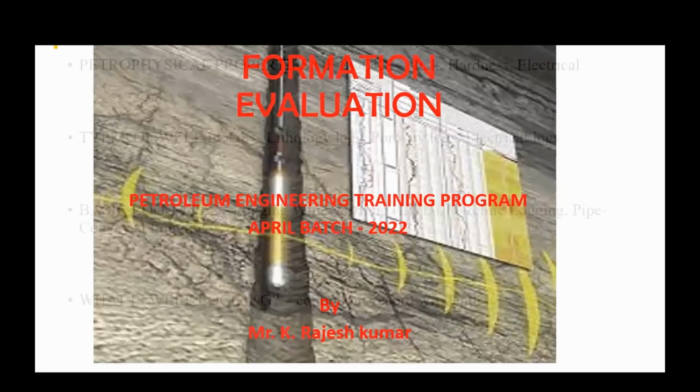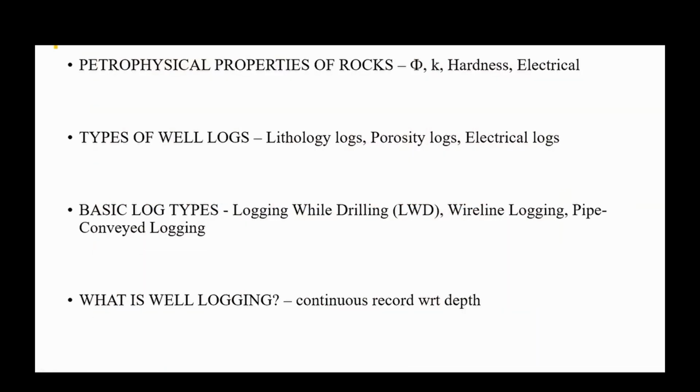Previously we saw the petrophysical properties of rocks, that is porosity, permeability, hardness, and electrical properties. Next we saw types of well logs. Depending upon the formations, stratigraphy or lithology, there are different categories: lithology logs, porosity logs, and electrical logs.